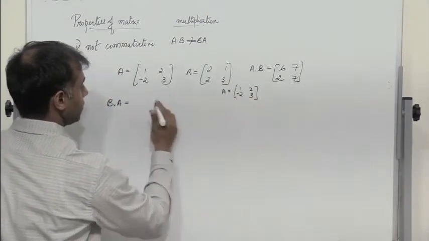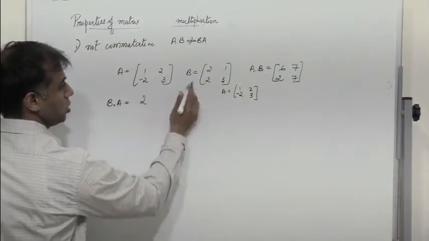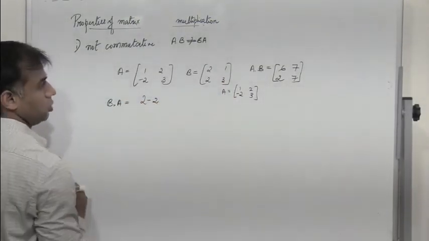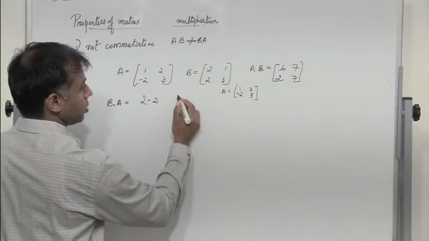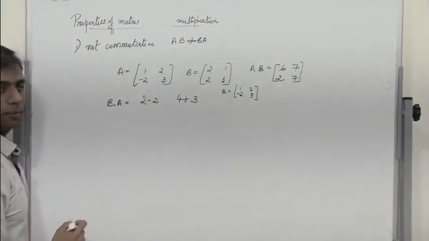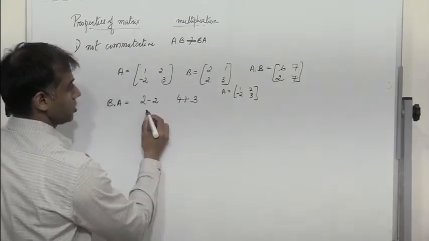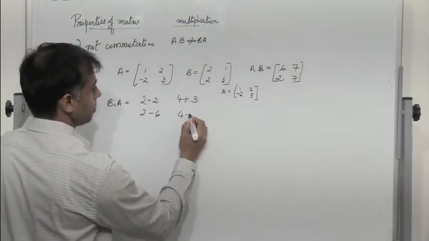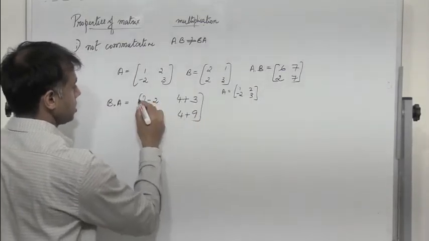So first row into first column, 2 into 1 is 2, 1 into minus 2 is minus 2. Next, first row into second column is 2 into 2 is 4 plus 3 into 1 is 3. Second row into first column, 2 into 1 is 2 minus 6. And then 2 into 2 is 4 plus 3 into 3 is 9.